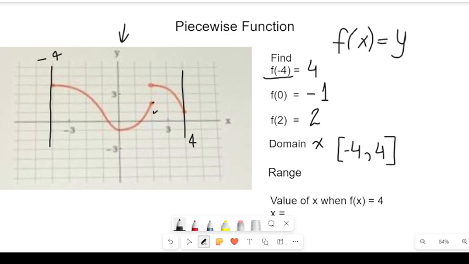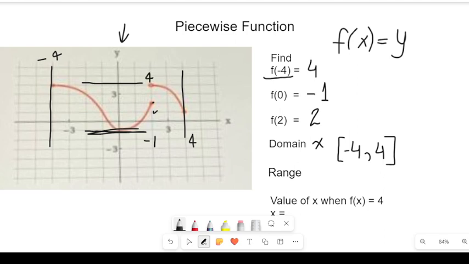Now for our range, we look from the bottom. The bottom is right here, so it's -1. We go to the top. At this point, that's the max our graph is going, and that's 4.